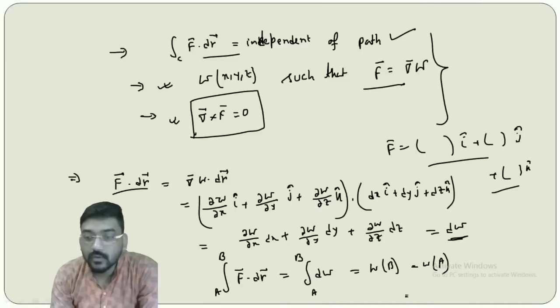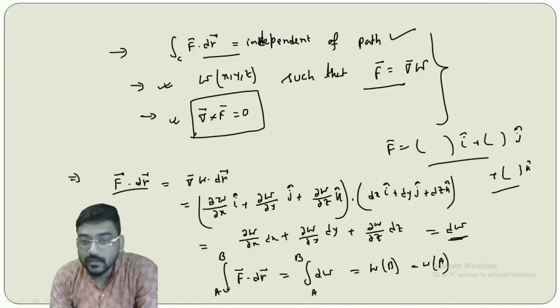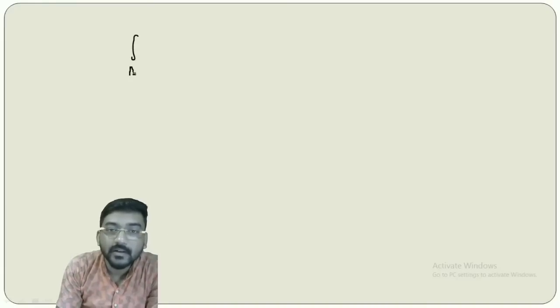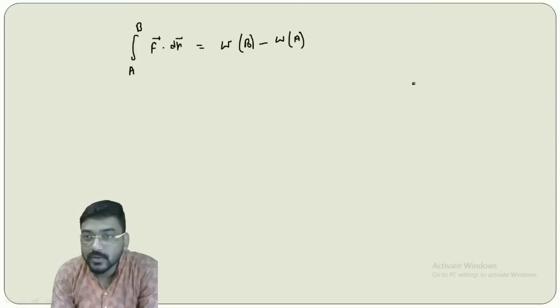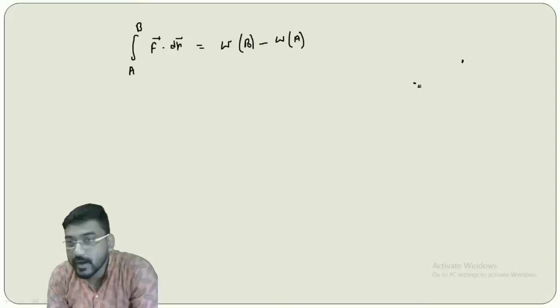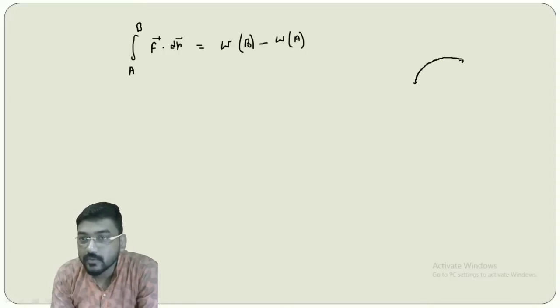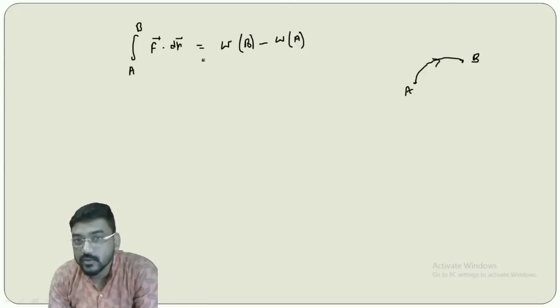So the line integral from a to b of f dot dr is equal to w at b minus w at a. Suppose this is a point a and this is the point b. So this is the work done along a particular path from a to b.